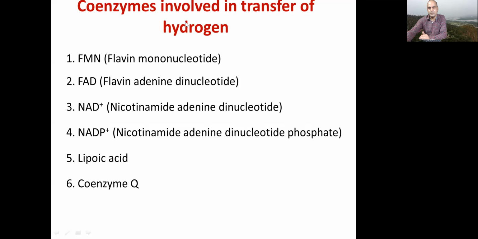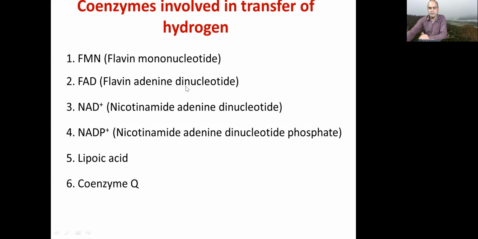So let's talk about the coenzymes that are involved in the transfer of hydrogen. FMN, FAD, NAD+, NADP+, lipoic acid, coenzyme Q, all these coenzymes act to transfer hydrogen. They act as carriers of hydrogen. For example, if FMN accepts hydrogen, it will be converted into FMNH2.